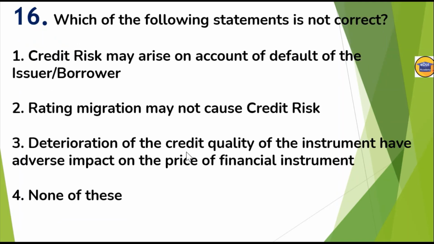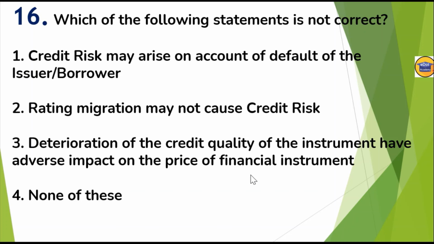Now again the question is concept based. Which of the following statements is not correct? Okay, so you have to tell me which statement is false. Credit risk may arise on account of default of the issuer or borrower. Rating migration may not cause credit risk. Deterioration of credit quality of the instrument has an adverse impact on the price of the financial instrument.